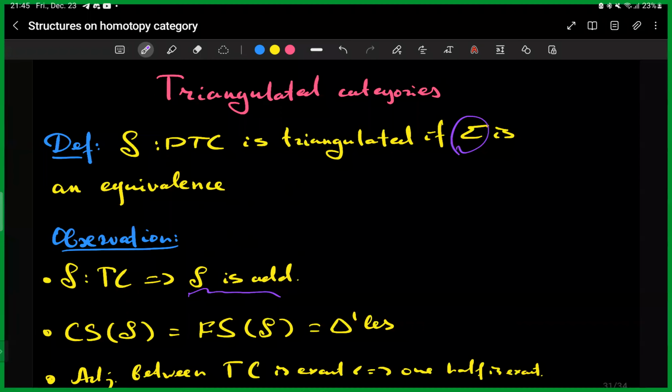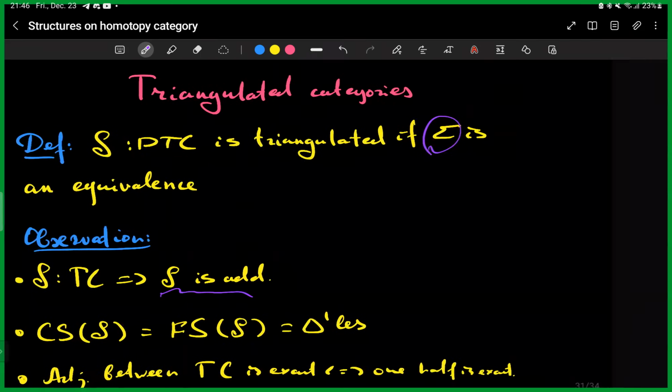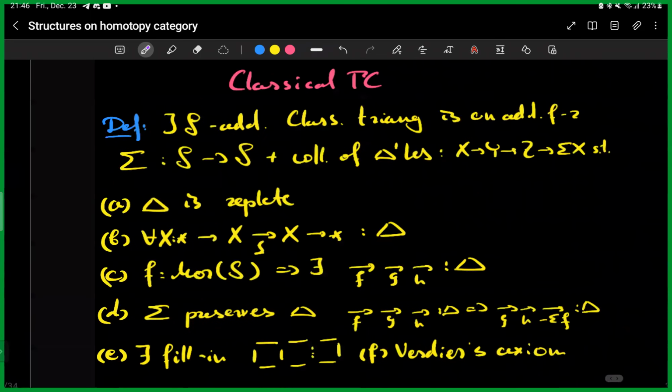It's a triangulated category in the sense that we have all these axioms, and also it is a module over the homotopy category of pointed spaces. But maybe there are some classical triangulated categories which are not of this form. So let's discuss it a bit more.